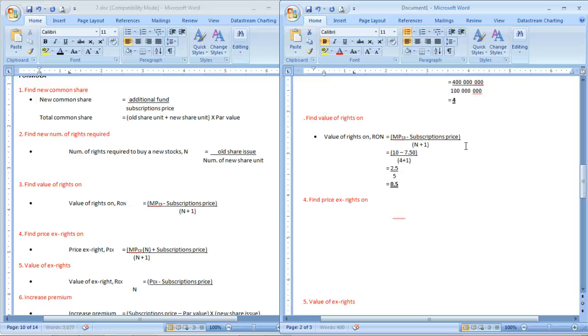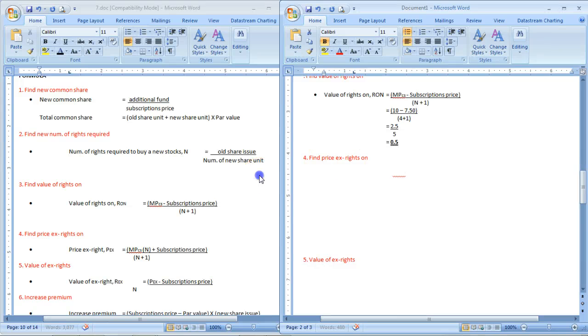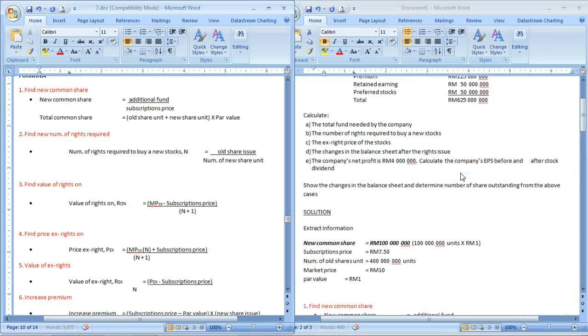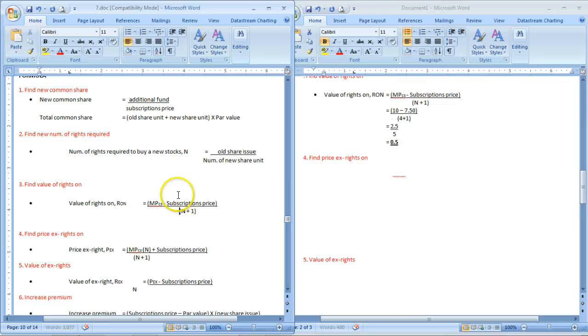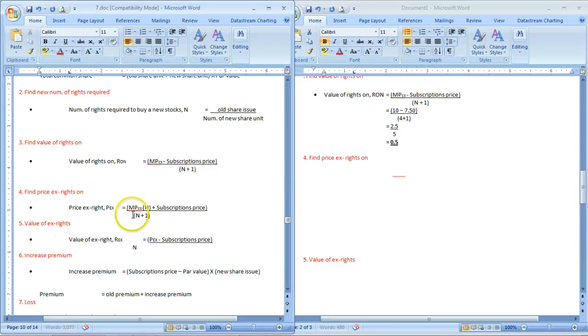Next, you also need to calculate the price ex right. You see, the ex right price. So how? This is the formula: market price of common stock times number of rights plus subscription price, divided by number of rights plus 1.